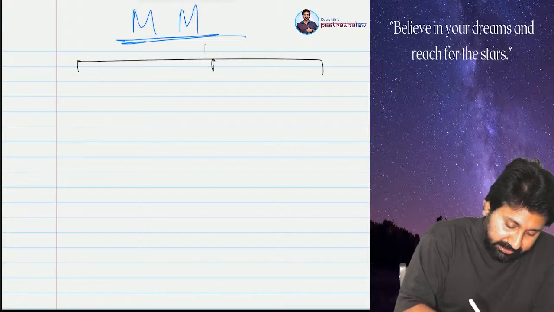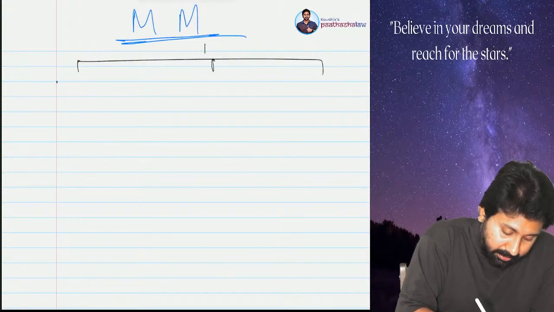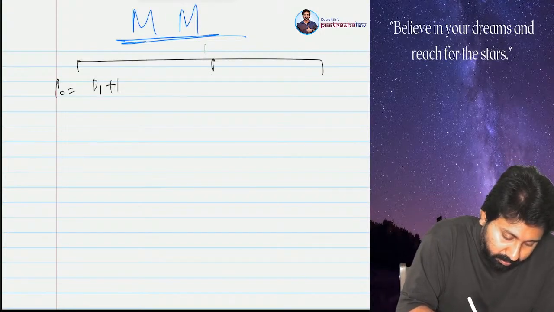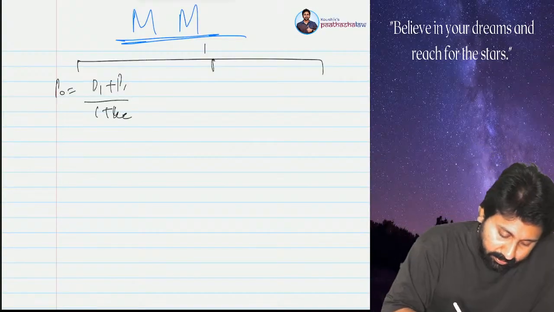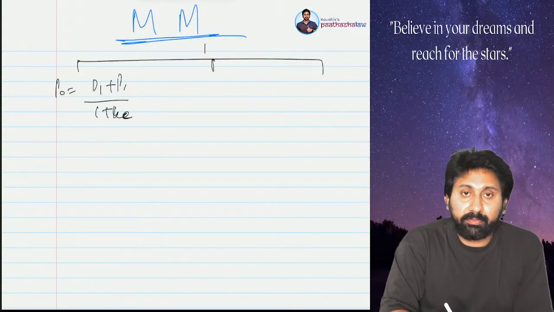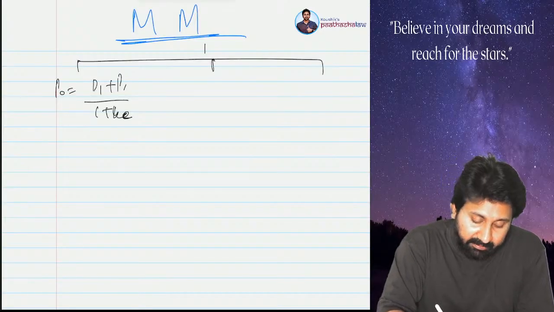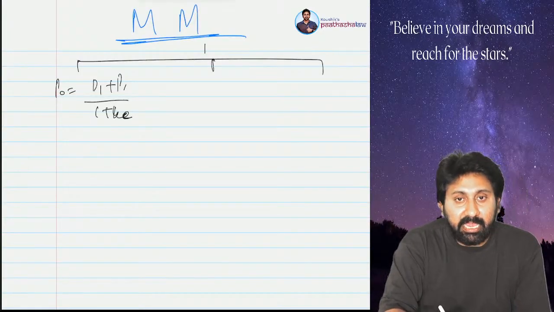First, P0 equal to D1 plus P1 divided by 1 plus KE. Understood?